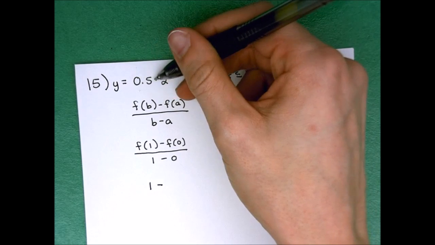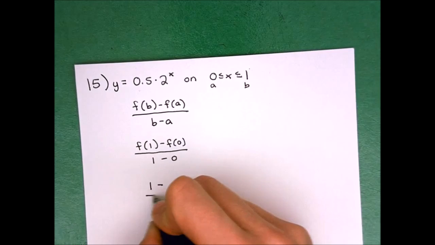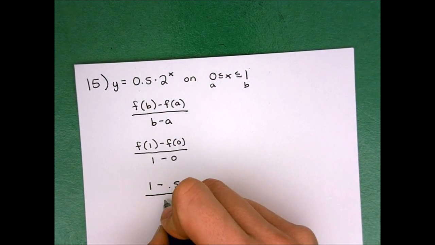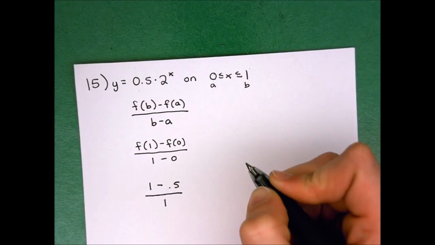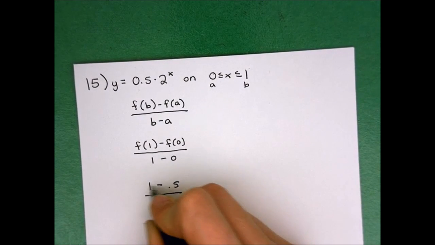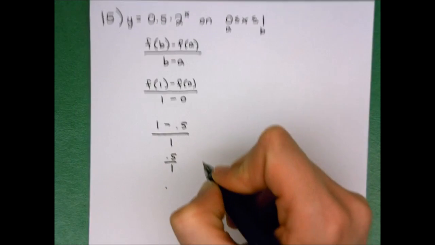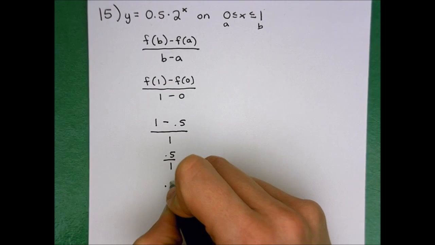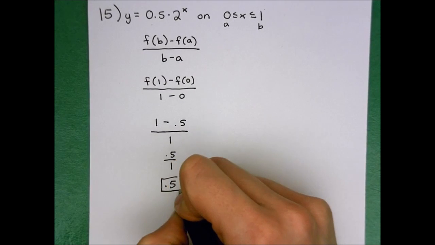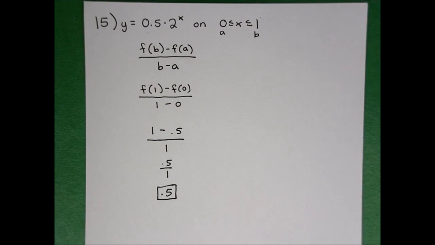We get 0.5 times 2 to the 0, which is 0.5, all divided by 1 minus 0, which is 1. 1 minus 0.5 is 0.5, still divided by 1, and 0.5 divided by 1 is 0.5. So that is our average rate of change of this equation on the interval 0 to 1. And there's my answer.